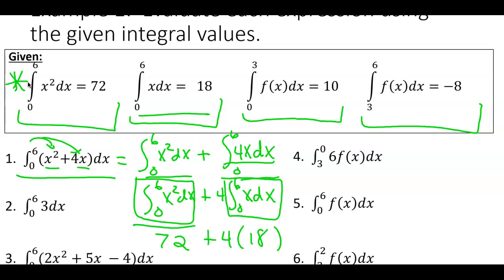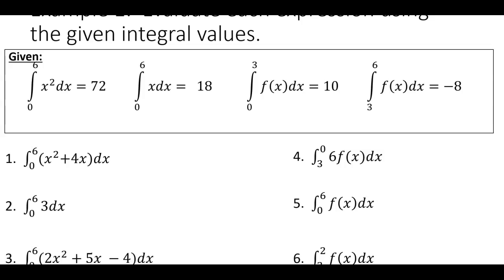And once you get them to look like one of those up there, you just replace them with the values that they are, and you can simplify it. So 72 plus 4 times 18, 144. So go ahead and write down number 2 then. Thank you, Brody. Good job.